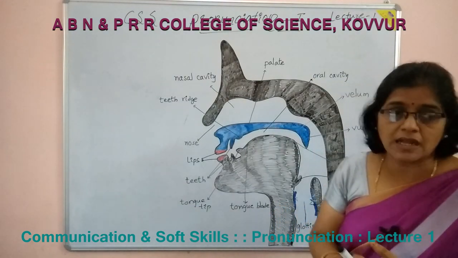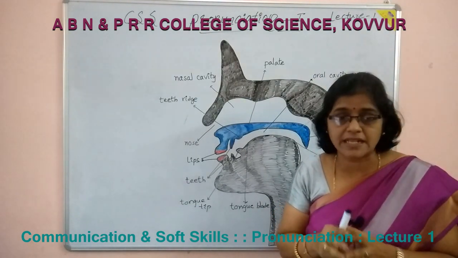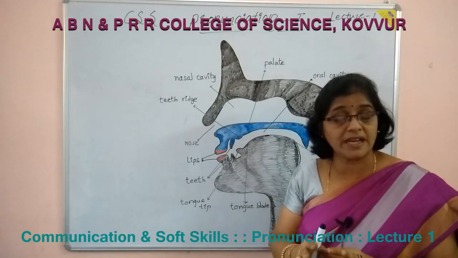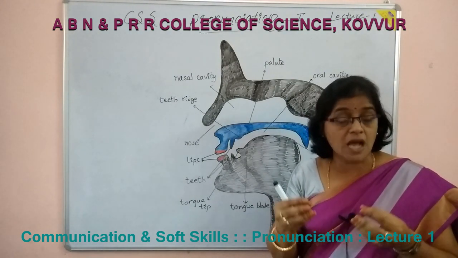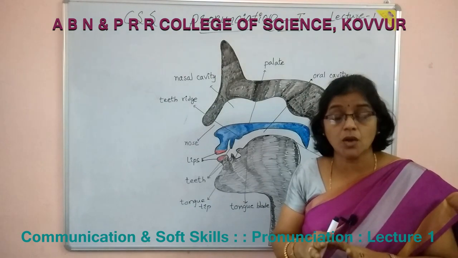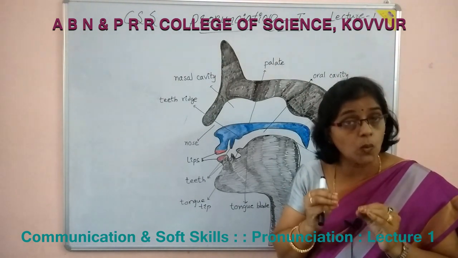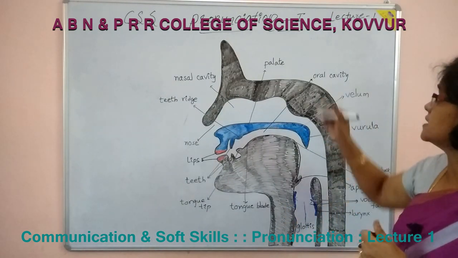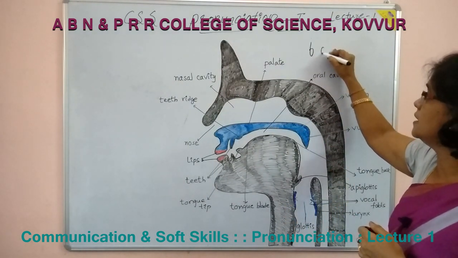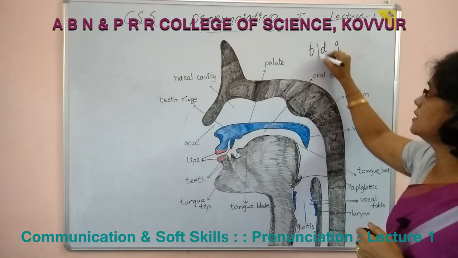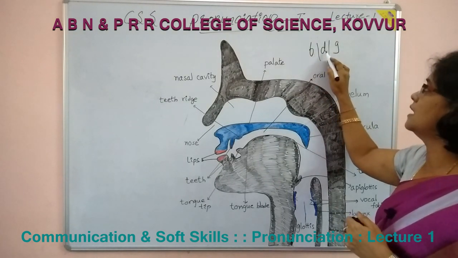So, vocal cords, which are string-like structures, vibrate and the sounds uttered are called voiced sounds. For example, B, D, G means ba, da, ga.